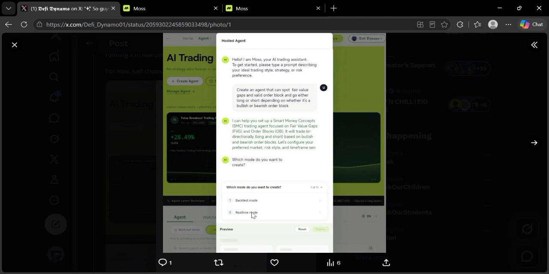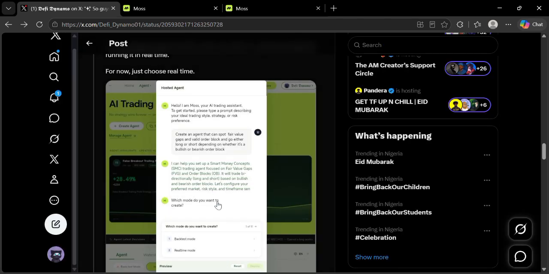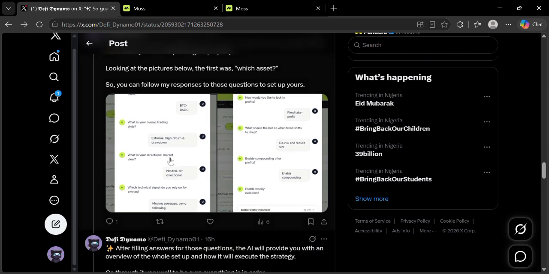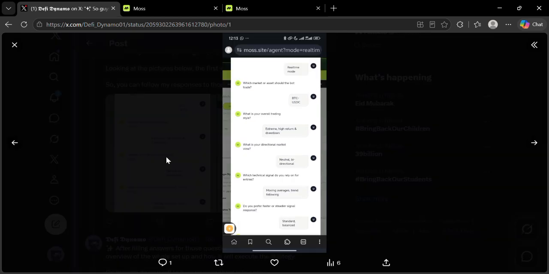But if it's mainnet, it is advisable to first backtest the model to see how the performance is before you go real time, before you start trading with your funds. After inputting your prompt, the AI will ask you certain questions to understand your trading strategy better.